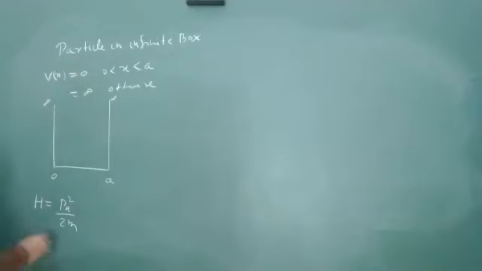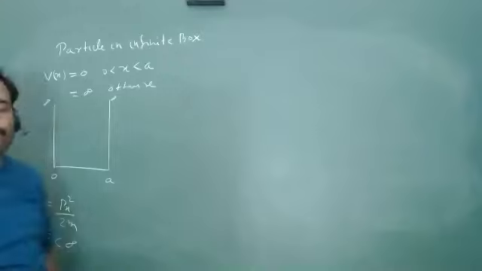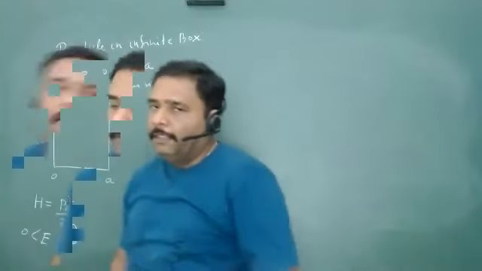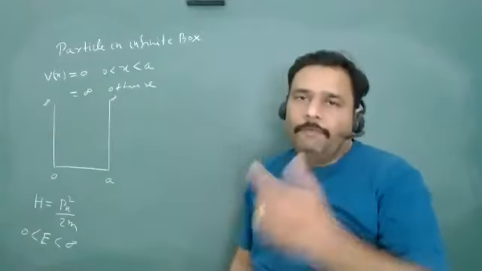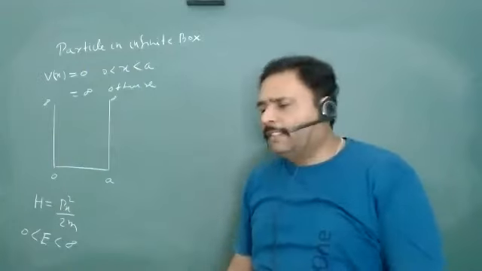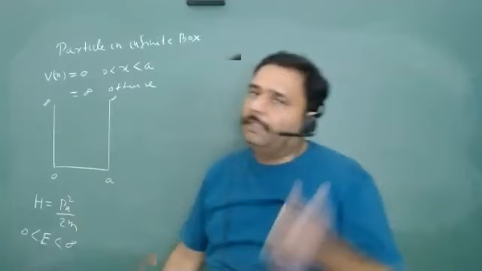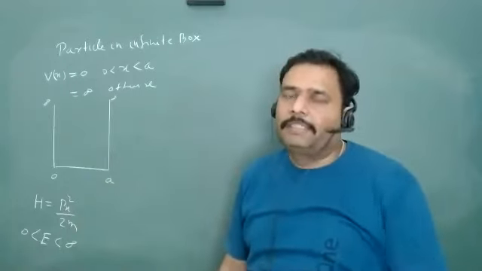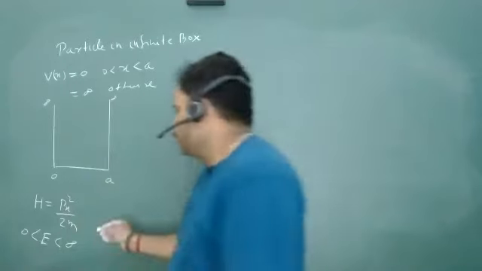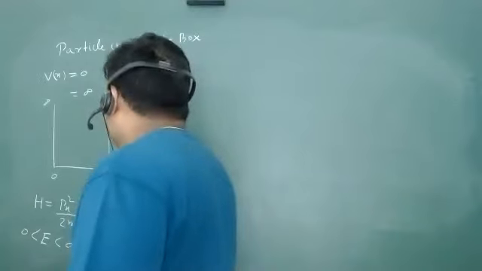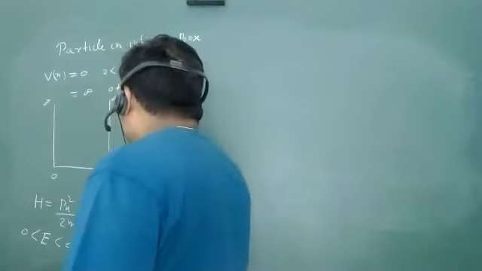Classically, your energy can be between 0 to any value of energy. And if I ask you what should be the minimum value of energy, whatever energy you can think greater than 0, that is the minimum value of energy classically you can achieve. Means I can achieve the value of delta E where delta E tends to 0.